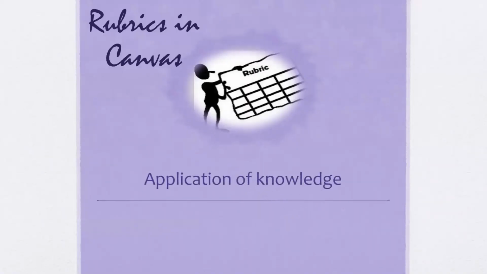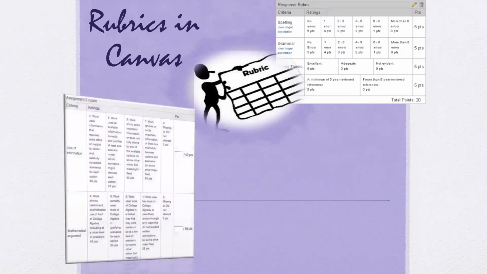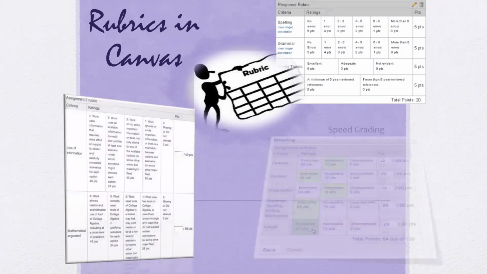Rubrics, of course, being not necessarily an attainment of knowledge, but what students do with that knowledge, the application of knowledge. Rubrics can be created in a very simple fashion, which is identifying the criteria and how many points are along with it. Also they can be designed in such a way that you have very detailed descriptors of what achievement means in each particular category.